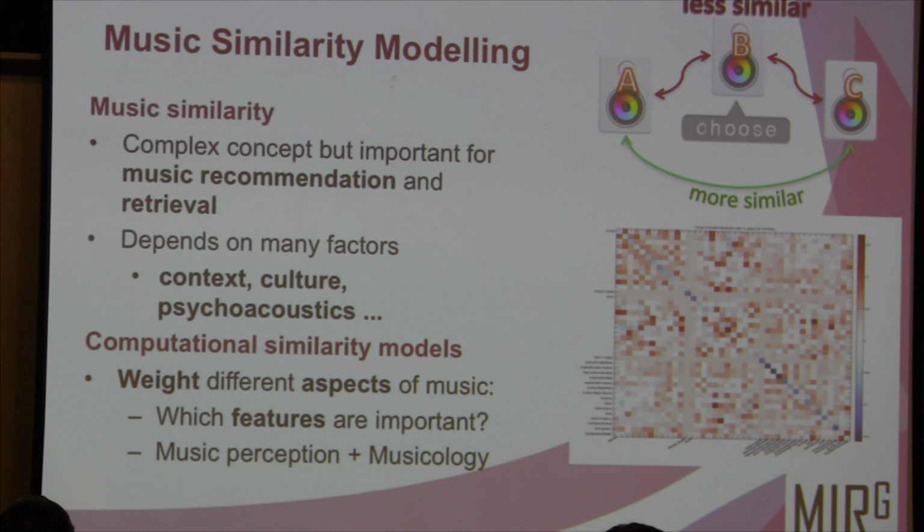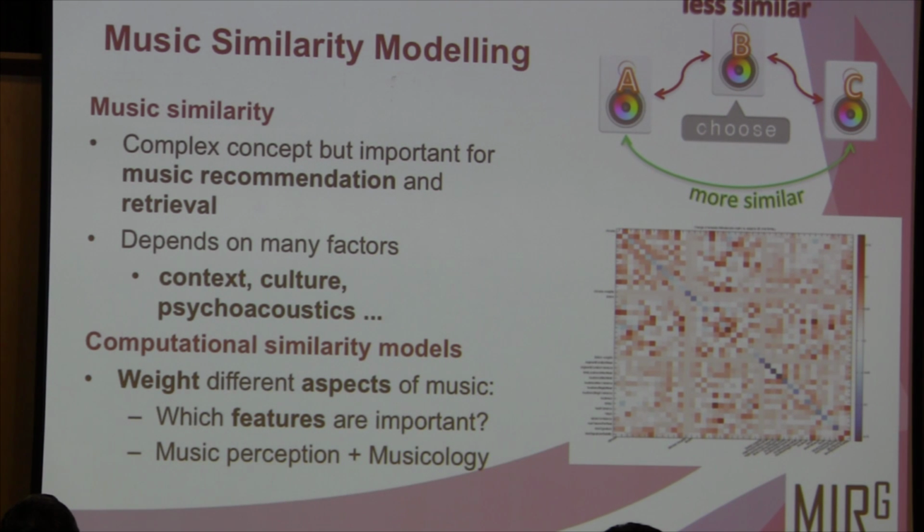Okay. Another area we're working on is music similarity modeling directly from audio, and it's basically a complex concept because we don't really know very much about what makes people perceive music as similar. We don't have a very clear picture on that.